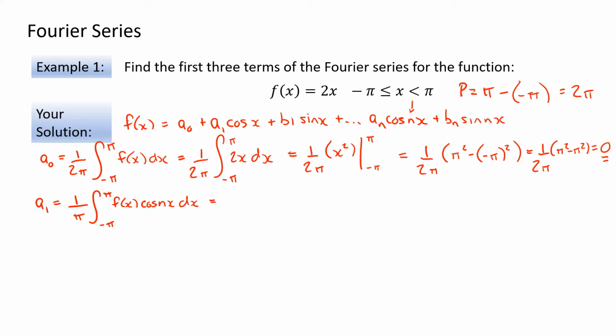So substituting these in, we get 1 over pi times the integral of 2x cosine of just 1x, so cosine of x dx. Now, if you remember back to our integrals unit, unit 2, if you have a function that's x and a cosine of x, you have to do integration by parts. So you're going to see that a lot of the integral techniques that we learned will come into play here.